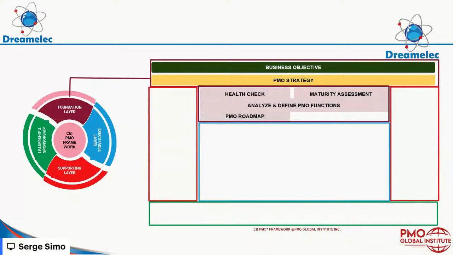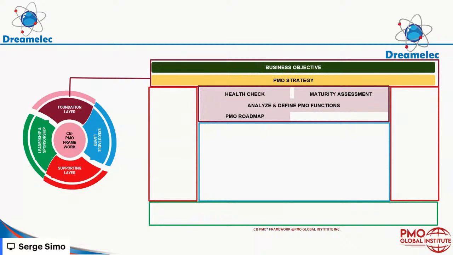At this stage, you define the business objective, you define the PMO strategy, and if it is an existing PMO, you do the health check of the PMO. You assess the maturity of the PMO.